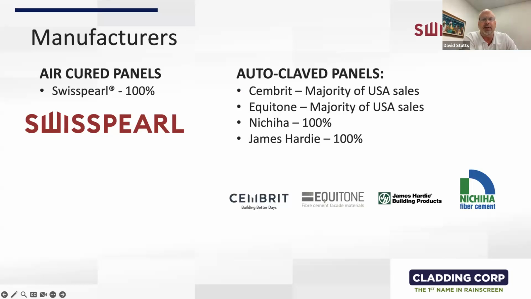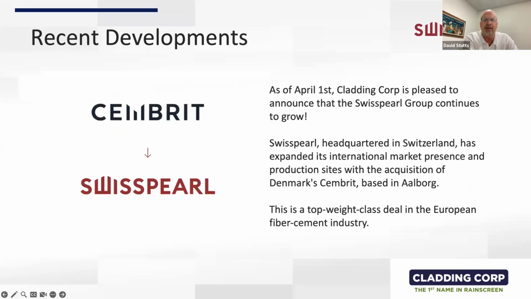The density ultimately is going to start talking a little bit more about water absorption, and all of these products in this category, for the most part, are manufactured with the concept of really bulk sales. Just recently, Sembrit was actually purchased by Swisspearl. So now Swisspearl has both their air-cured series as well as an autoclaved series.